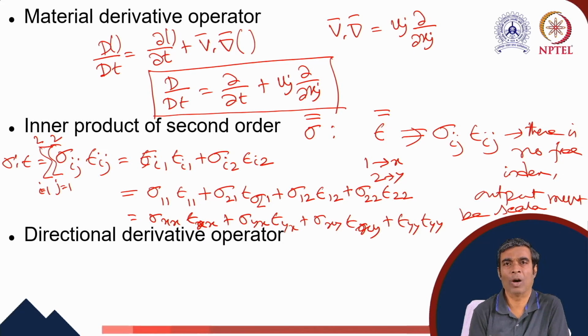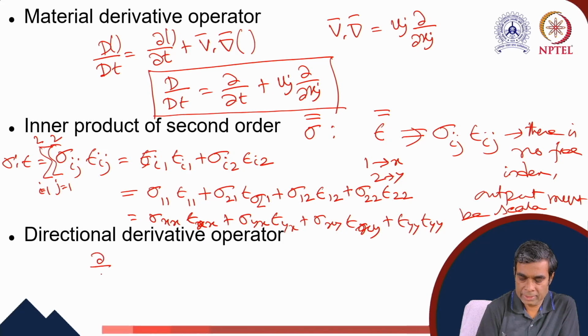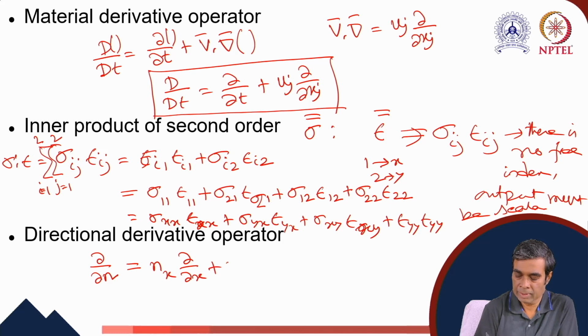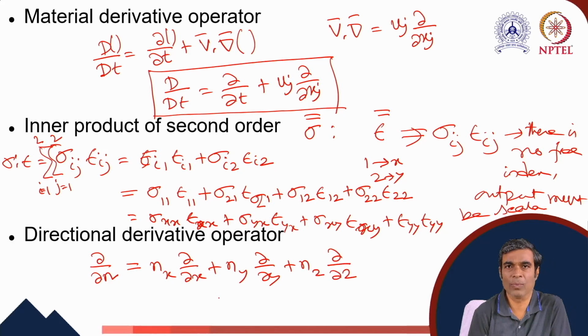This directional derivative operator comes in the derivation of the weak form on the right hand side. It contains the flux term which acts at the element interfaces. So the directional derivative operator is given by the symbol del/del n. In 3 dimensions, del/del n can be written as nx del/del x plus ny del/del y plus nz del/del z, where nx, ny and nz are the direction cosines of the normal n cap of the surface.